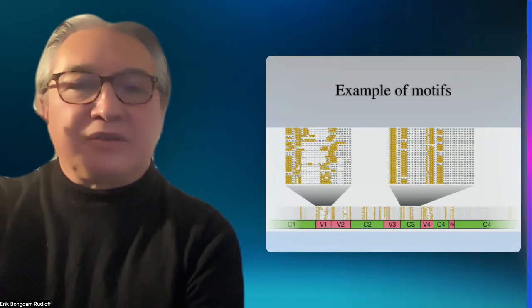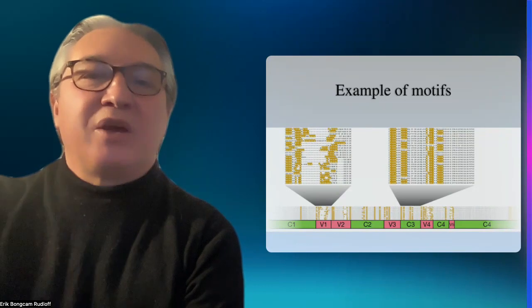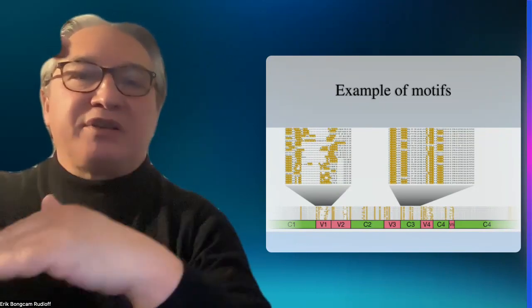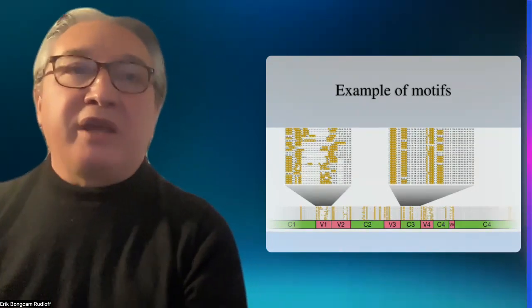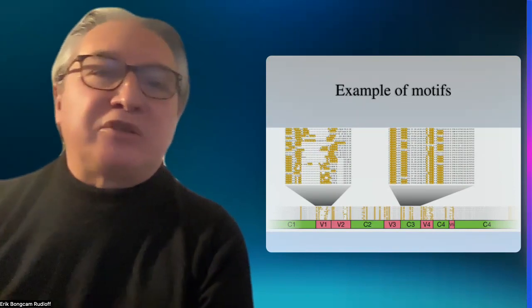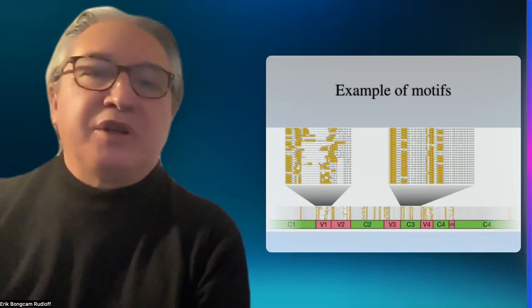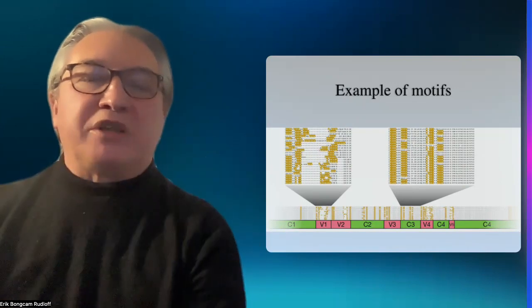That means, where is this usually expressed? What function is usually known? And then you can write down a small paper saying, okay, in most members of this family, this is related to protein transport, or this is part of a receptor, or this is a cytoskeleton protein. So that has to do with the structure.